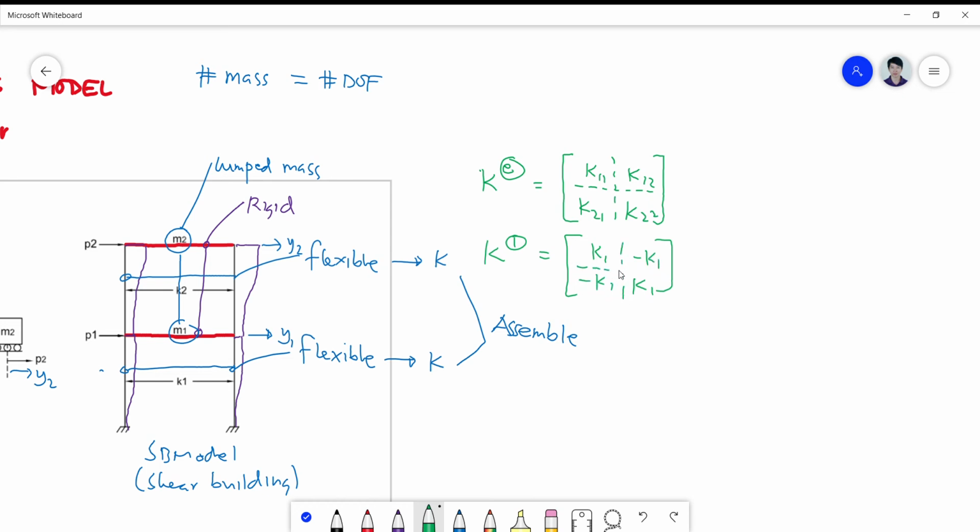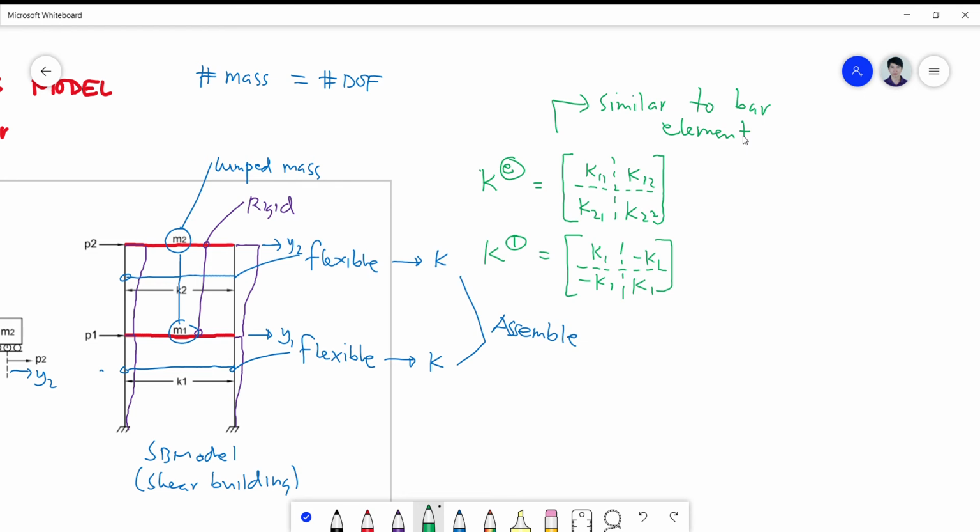Because this is, again, as I've said, similar to a bar element, which simply accommodates compression and tension forces actually, okay?